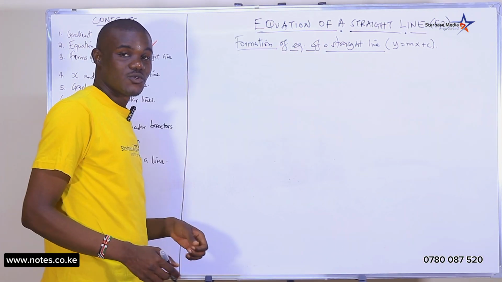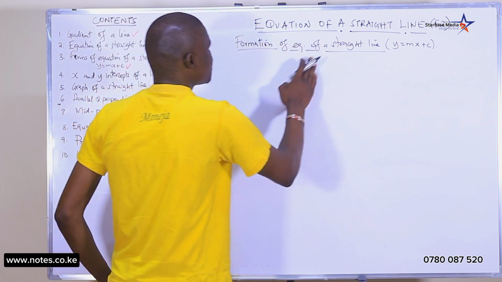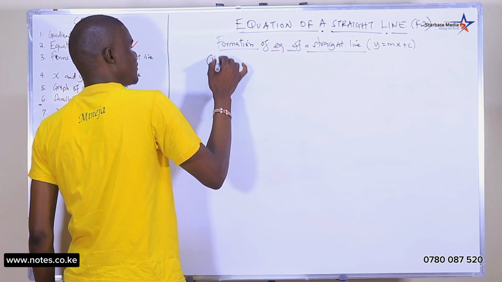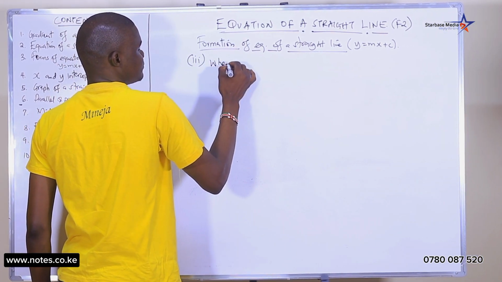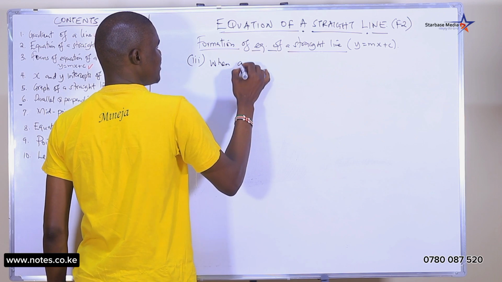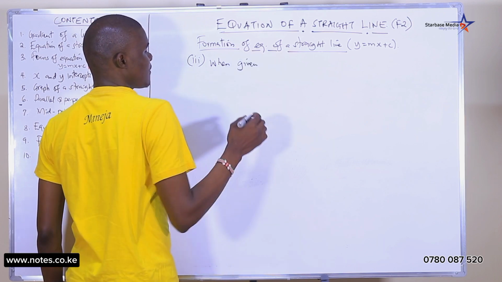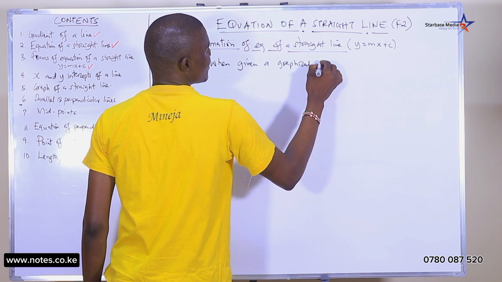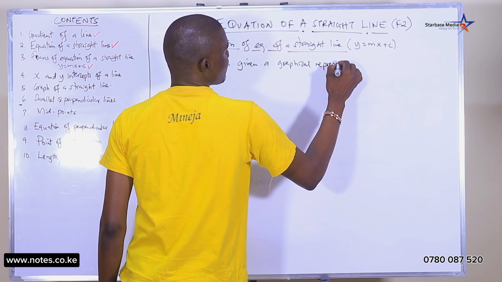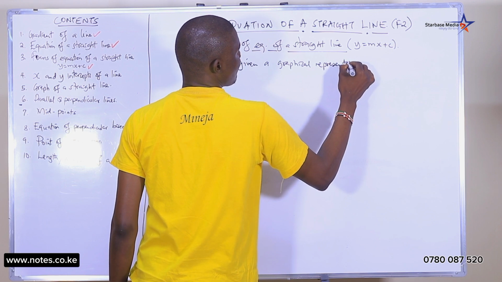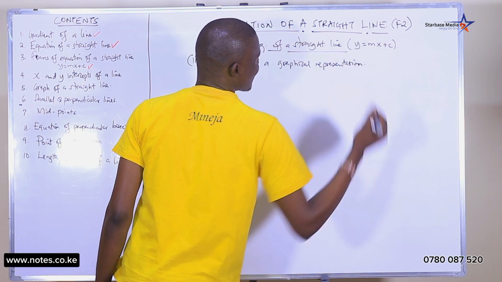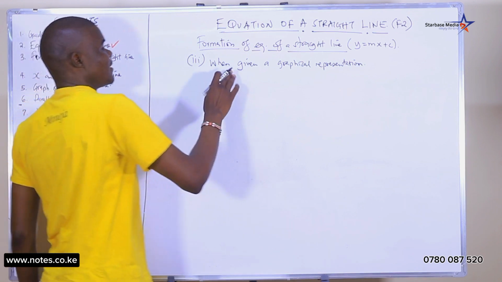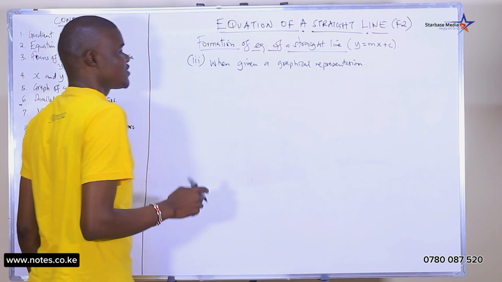Simple. So students, another way of forming an equation of a straight line, number 3, is when given a graphical representation. When you are given a graph, you can still get the equation of a straight line.